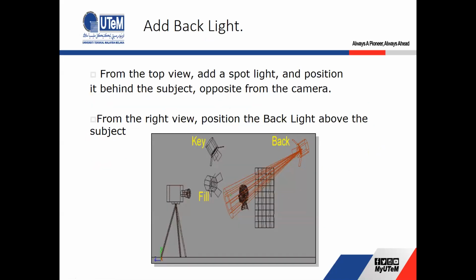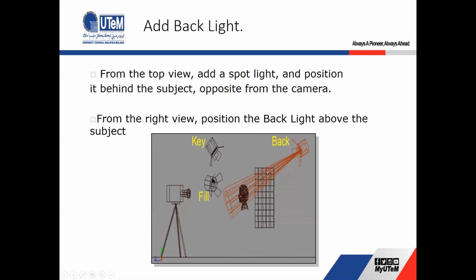Add backlight from the top view. Add a spotlight positioned behind the subject, opposite from the camera. You can see here, this is our key, the main light.